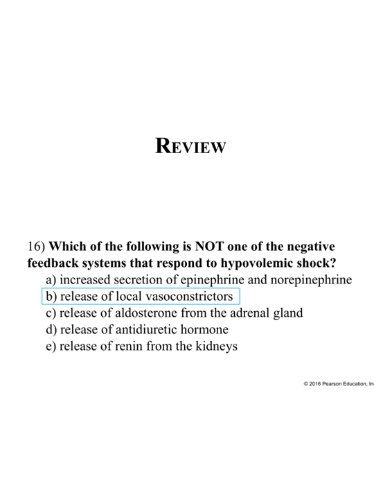Which of the following is not one of the negative feedback systems that responds to hypovolemic shock? So remember, hypovolemic shock is when you've lost a lot of blood volume. So your blood volume is low, therefore blood pressure is low. To increase blood pressure, we would increase the amount of epinephrine and norepinephrine released. We would increase the amount of aldosterone released from our adrenal cortex.